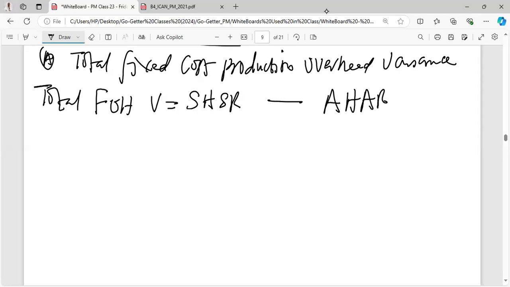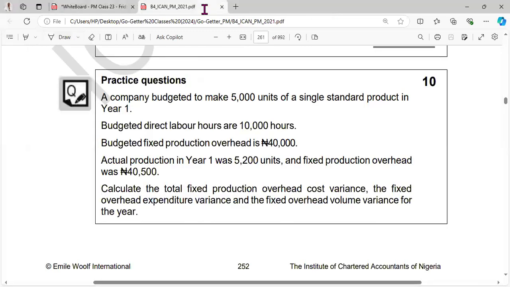So what is our standard? Our standard hours is going to be how many? Budgeted hours. Budgeted hours is different from standard hours. So the actual production is 5,200 units. A company decided to make 5,000 units, direct labor hours and this.